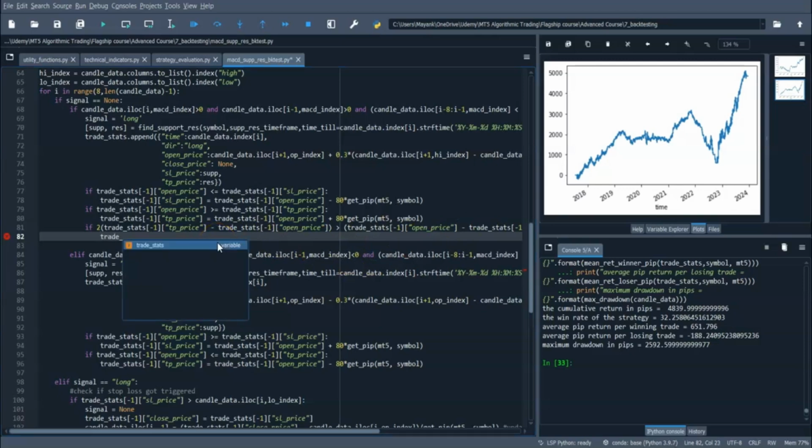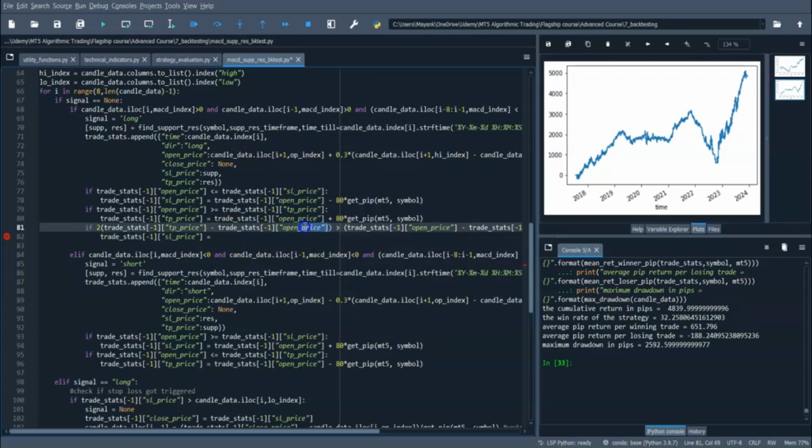So trade stats minus 1 SL price is equal to, so now this would need a bit of algebra. So stop loss price would be the open price, whatever is your trade open price, minus half of the difference between the open price and the take profit price.